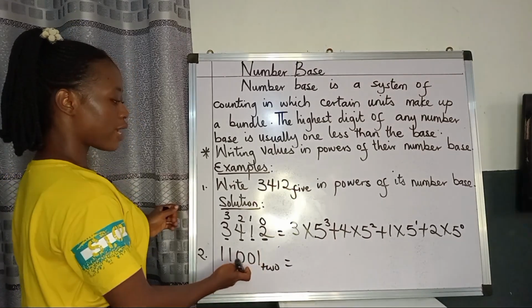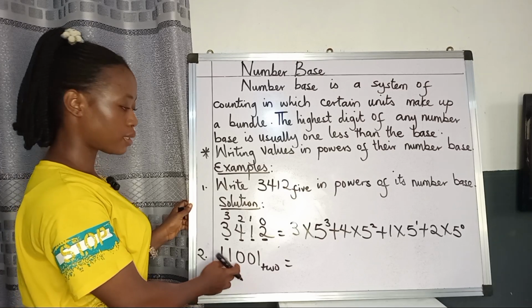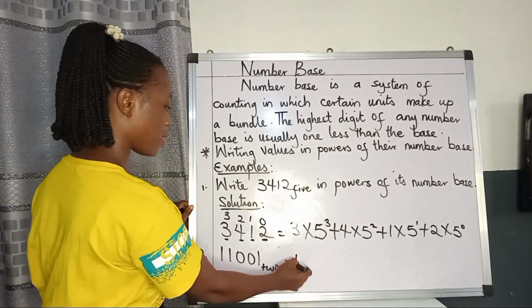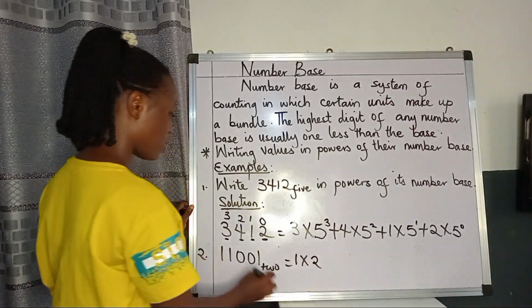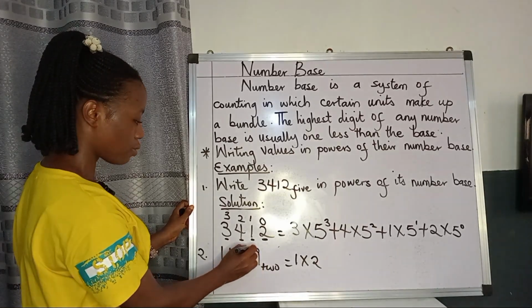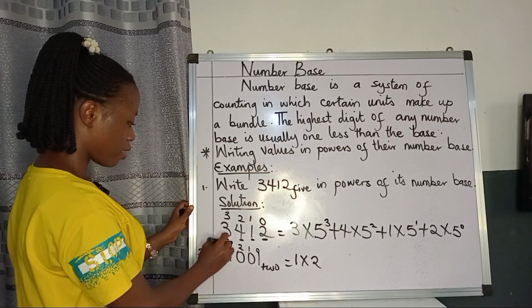So we are going to express this number in powers of its number base. Like we did in the first example, we take the first number and multiply it by the base, which is base 2. Let's fix in the powers first, starting from power 0, power 1, power 2, power 3, and then power 4.